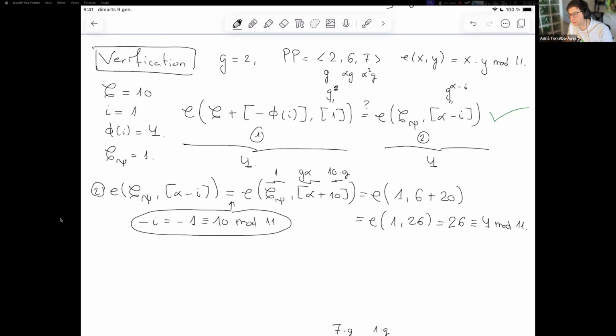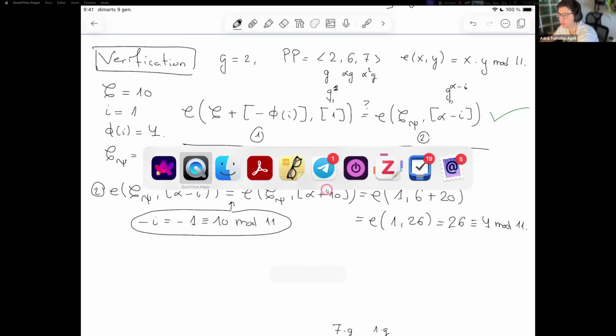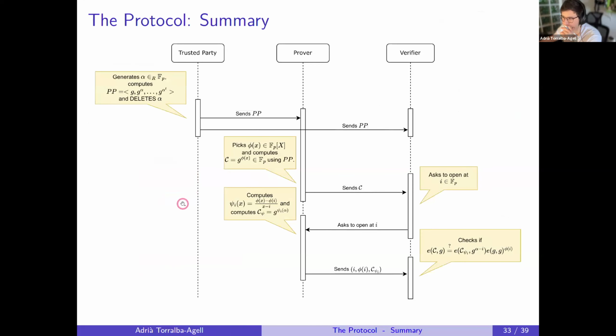Okay, questions so far? Comments, remarks? Because if not, we are almost done. If you remember, it is dangerous to maintain a copy of alpha.